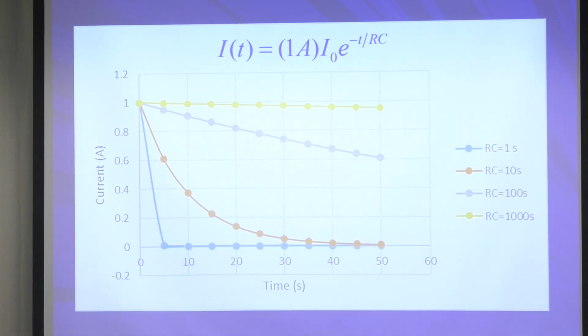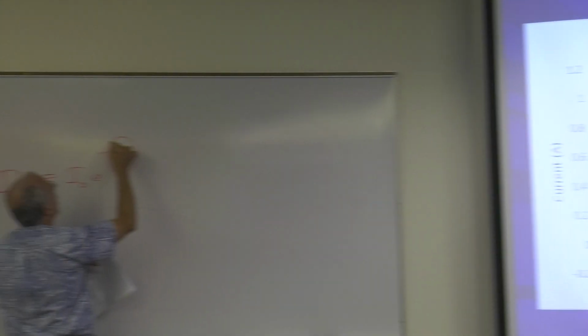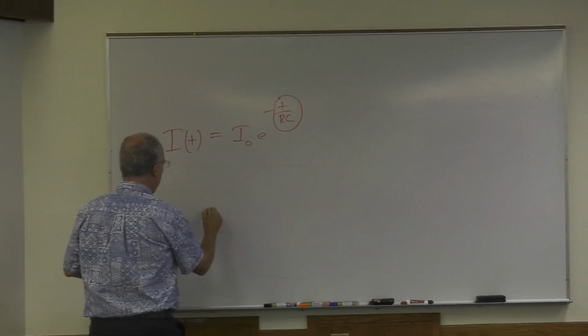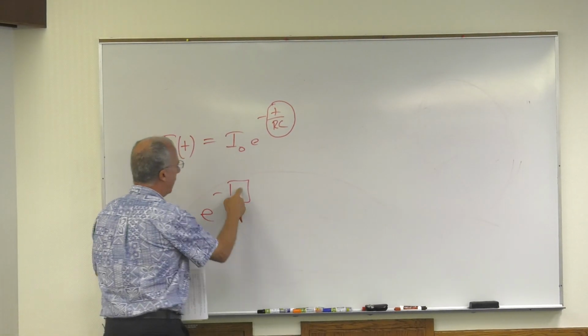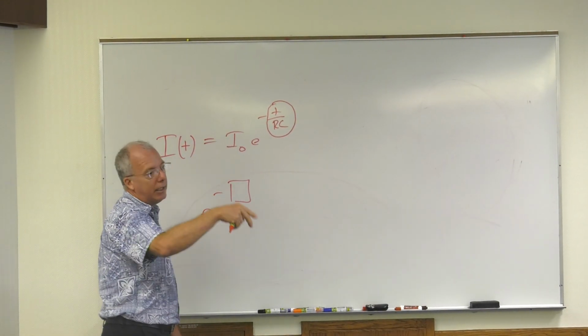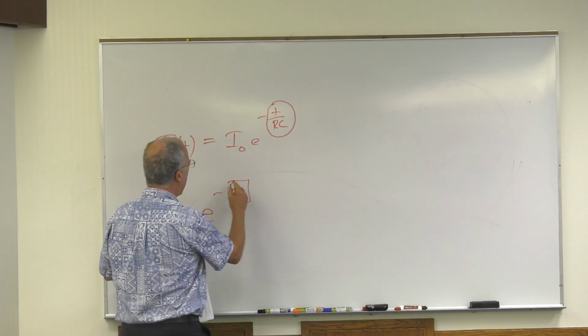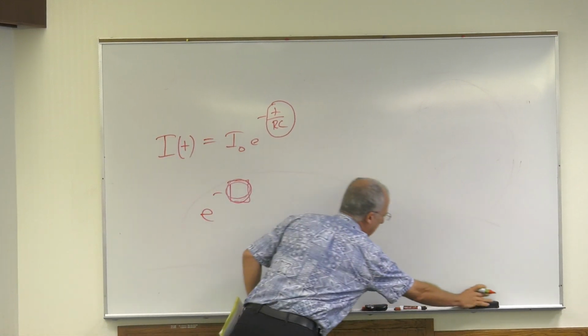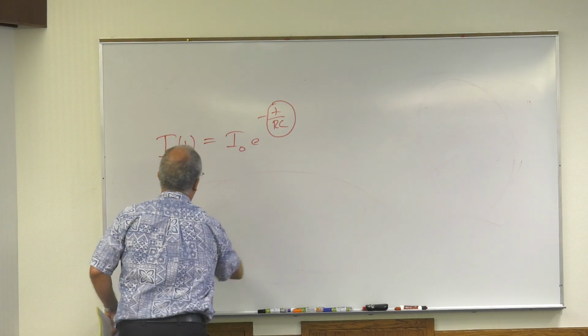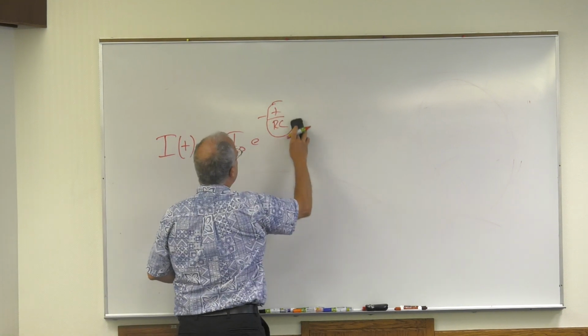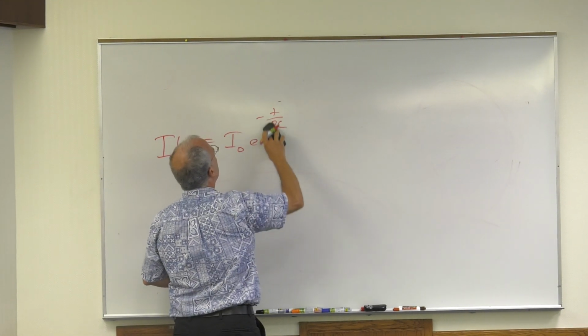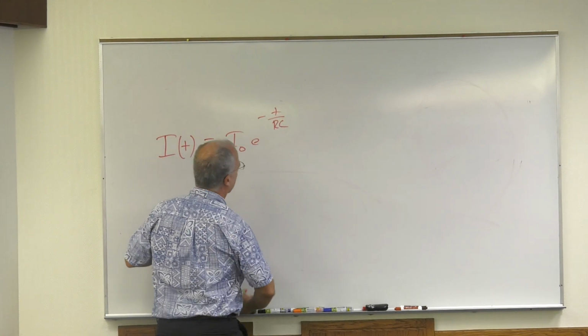Okay, now let's do some math. What are the units of this? Well, whenever you have an e to the minus something, this can't have any units, right? You can't have an e to the minus kilogram. So this thing here has to have no units. Well, what are the units of t? Seconds, right?